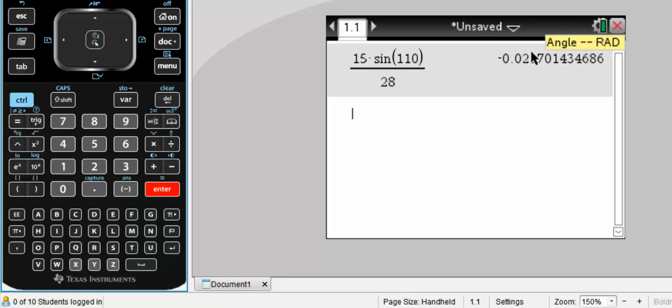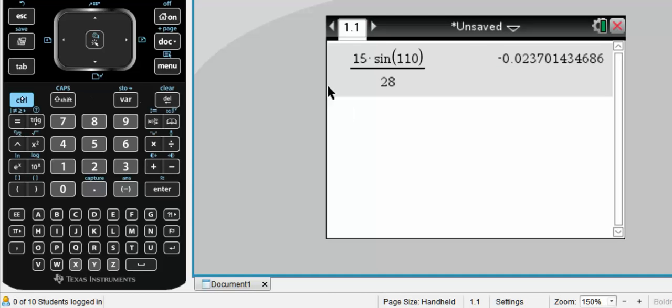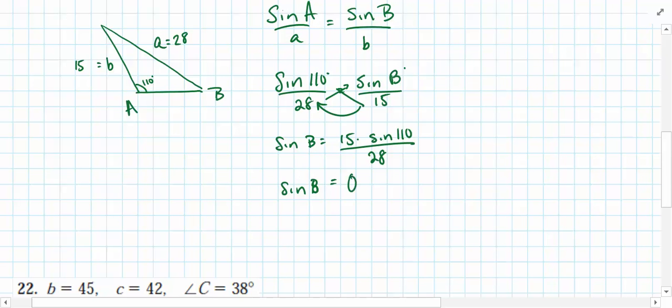Well, that answer doesn't look right, and wouldn't you know it, my calculator is set in radians right now. So let me fix that. It needs to be in degrees, since our given information was in degrees. And I'll recalculate. There we go. 0.5034. So sine of B is 0.5034.